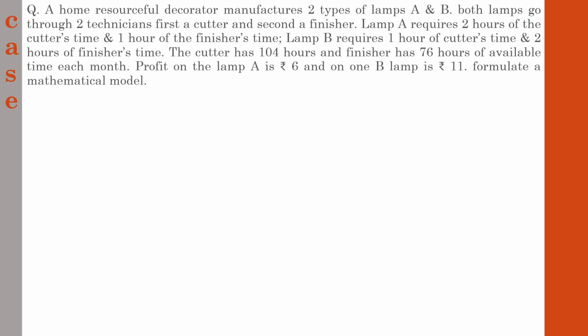Lamp B requires 1 hour of cutter time and 2 hours of the finisher's time. The cutter has 104 hours and the finisher has 76 hours of available time each month. Profit on one lamp A is rupees 6 and on one lamp B is 11.